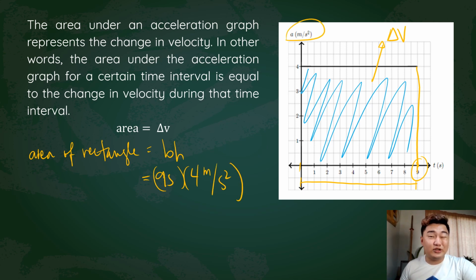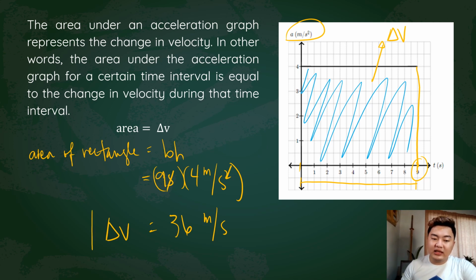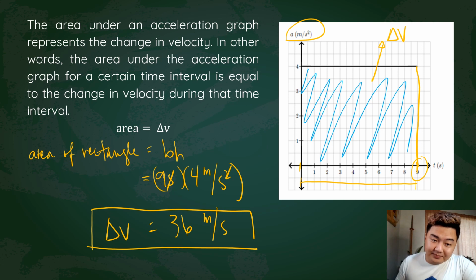The seconds squared cancels, and we're left with meters per second, and 9 times 4 is 36. Therefore, the change in velocity between the time interval from 0 to 9 seconds is 36 meters per second.